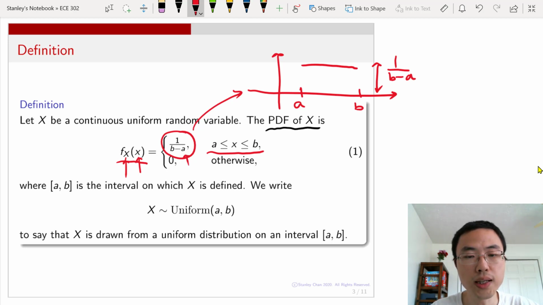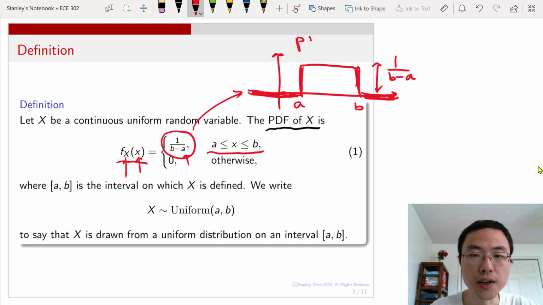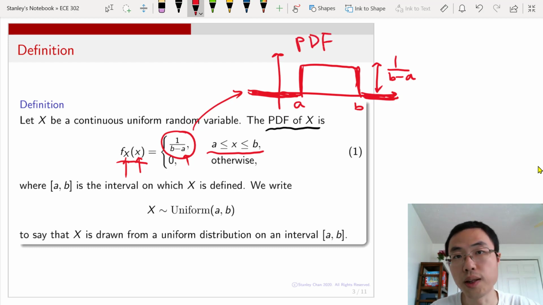And where it is outside this range of A and B, then what do you have? You will have zeros. And when you are inside A and B, you will have this height of 1 over b minus a. So this is the PDF of a uniform random variable.